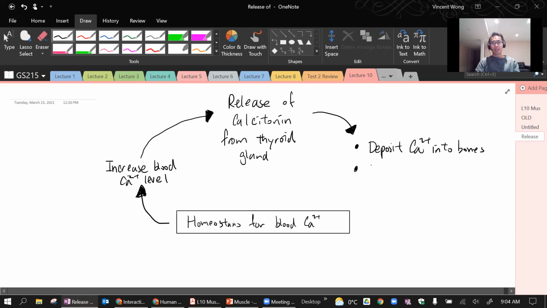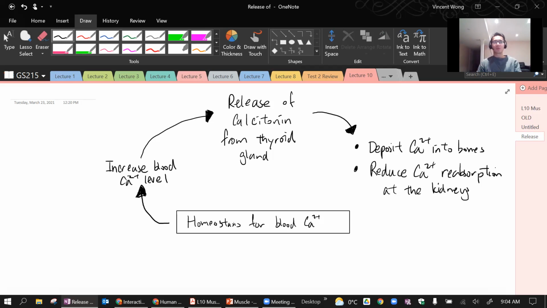Second, it's going to reduce calcium reabsorption at the kidneys. Okay, so remember, at the proximal tubule, at the collecting duct and the distal tubule, that's where we can do some of the reabsorption of material from the nephron.